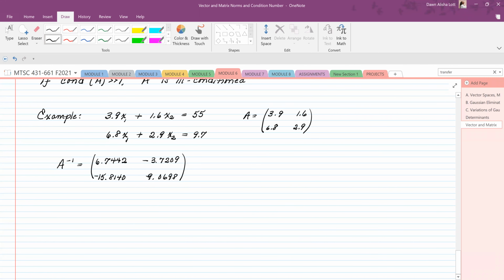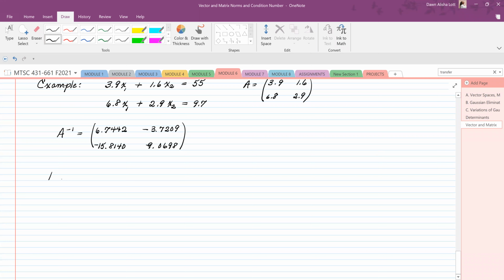So now if I take the infinity norm of A, I end up with the max of 5.5 and 9.7. So that turns out to be 9.7.